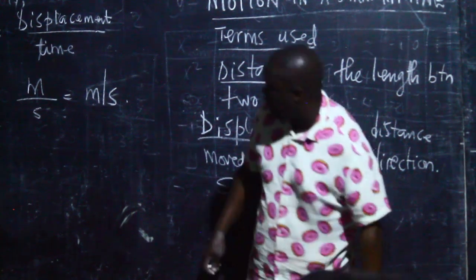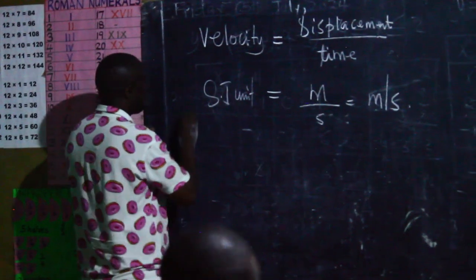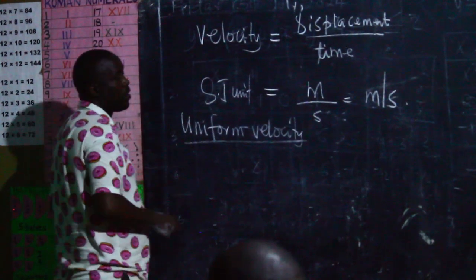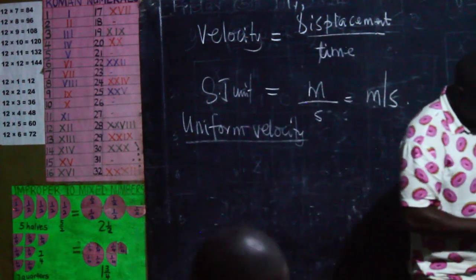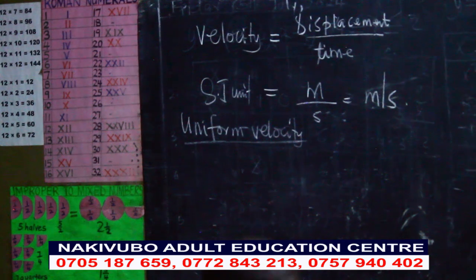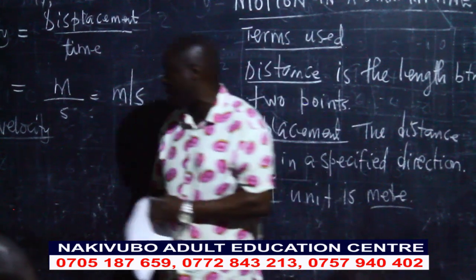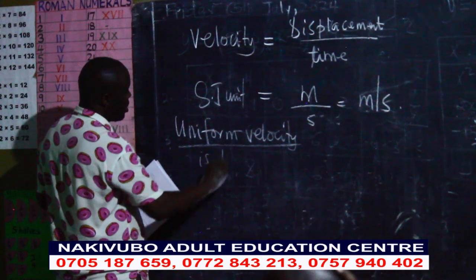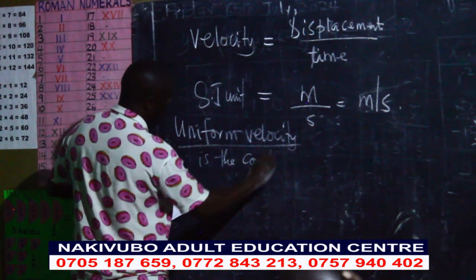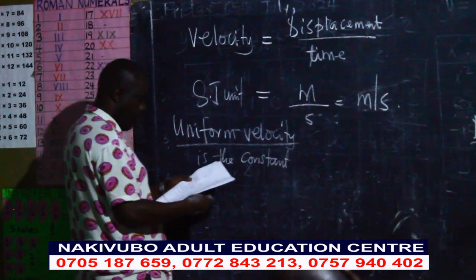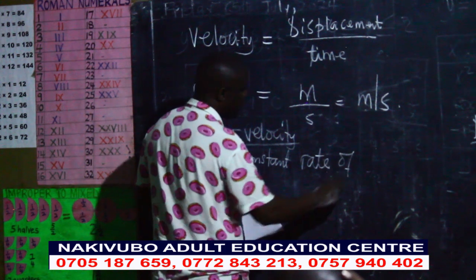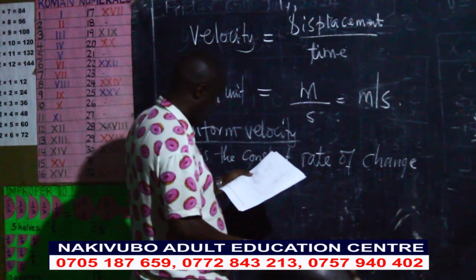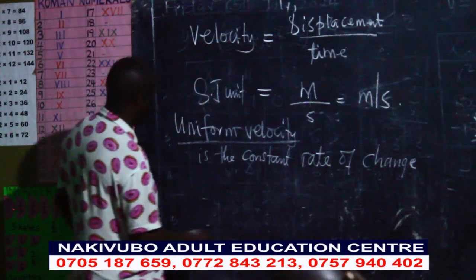Number 5, uniform velocity. This is the constant rate of change of displacement.